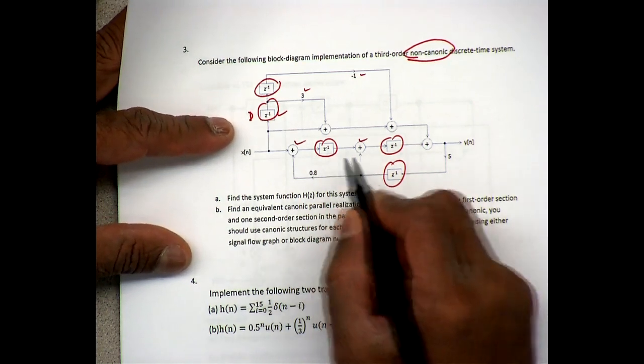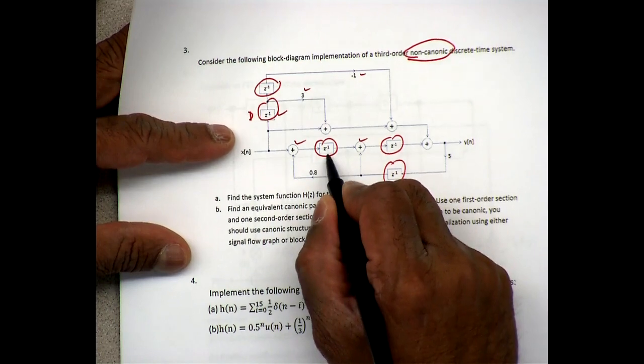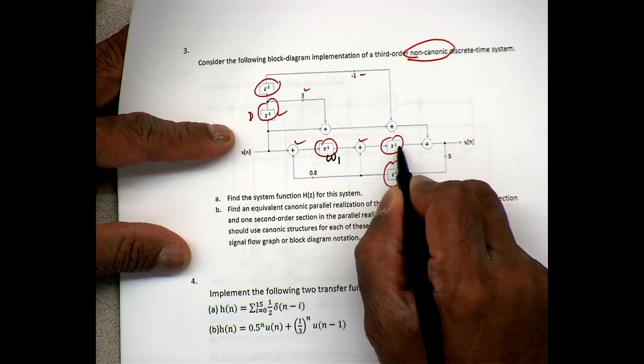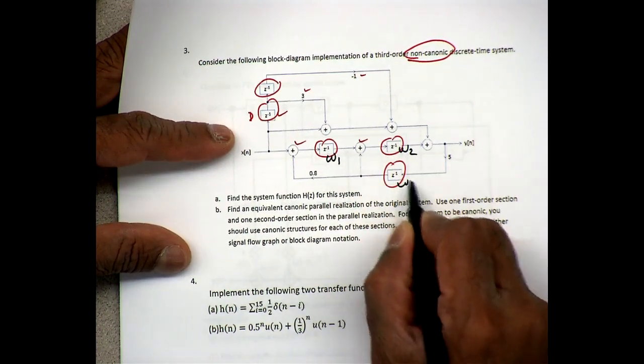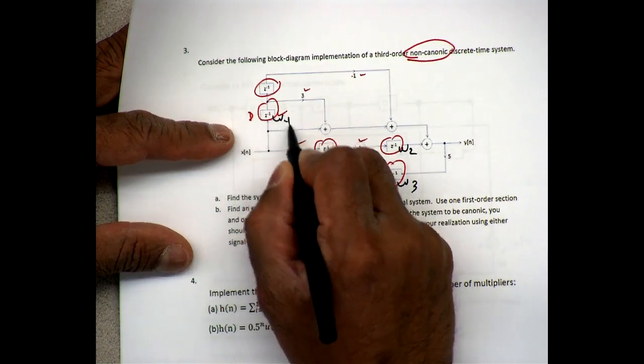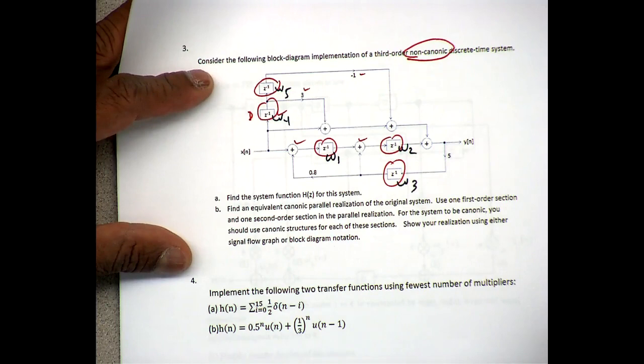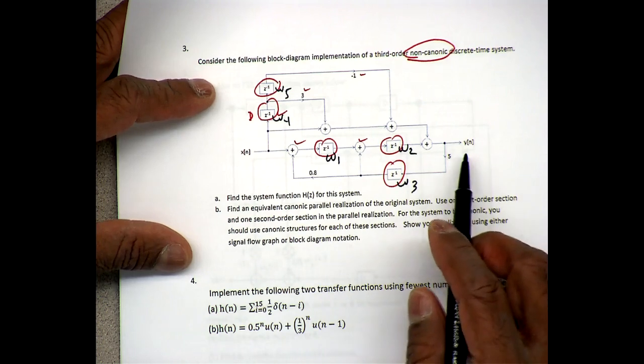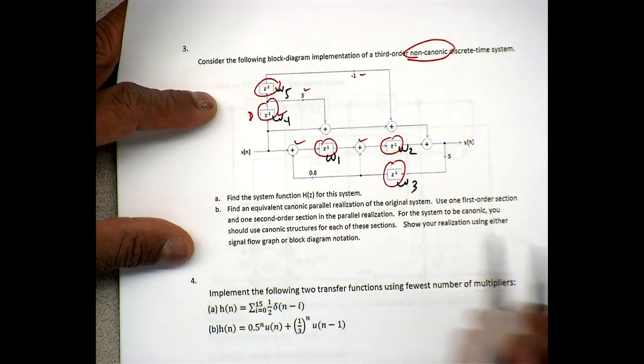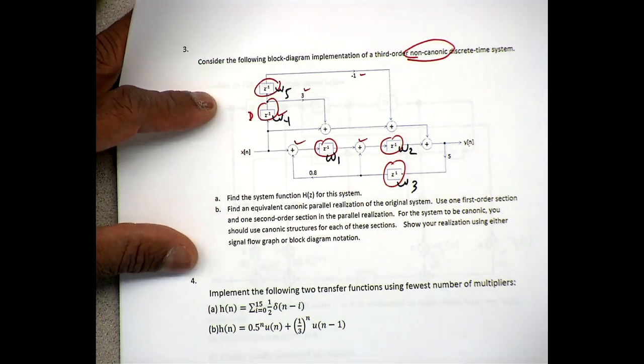For example, if I call these state variables W1, W2, W3, W4, W5, then we will write down the state update equations, and then we will try to eliminate all those states and finally get a transfer function in terms of y and x. So that's kind of the long way.